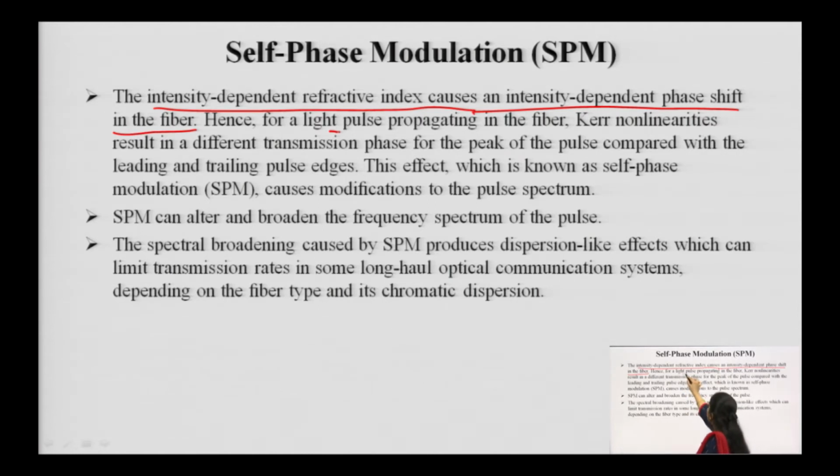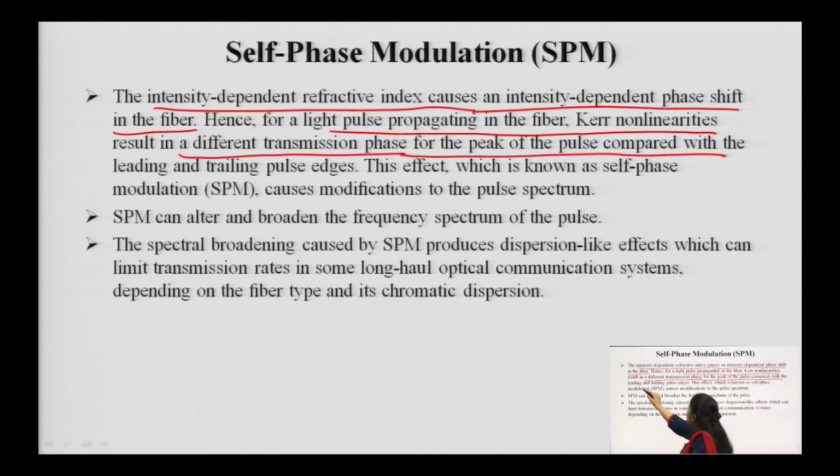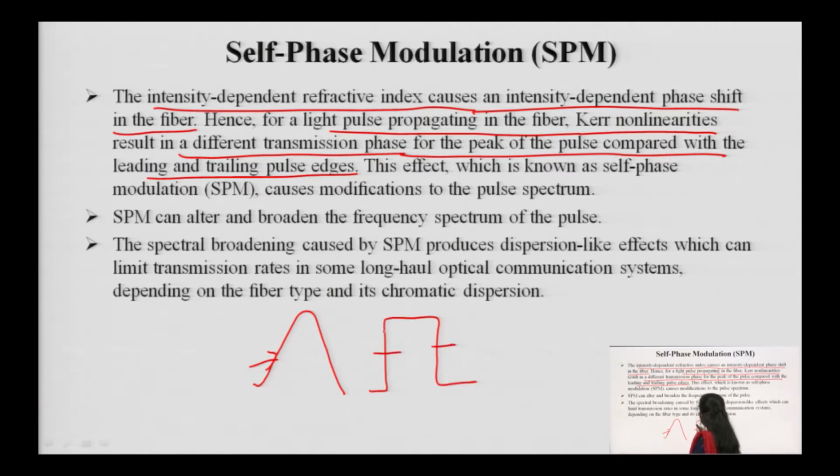Hence, for a light pulse propagating in the fiber, Kerr non-linearities result in different transmission phase of the peak of the pulse compared with the leading and the trailing pulse edge. This one is the leading one and this one is the trailing one.